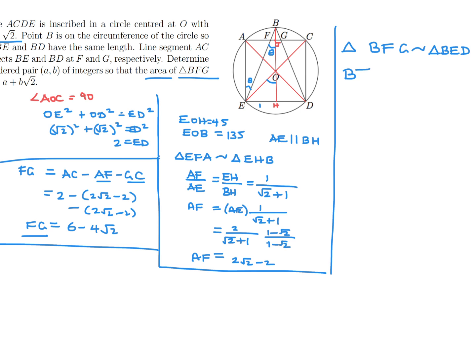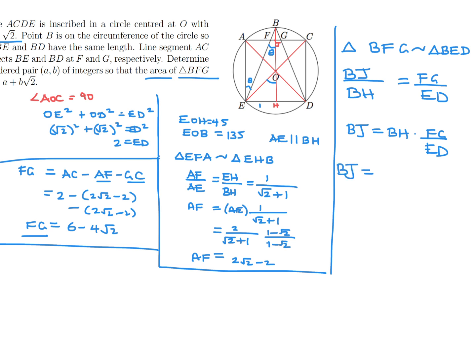So that means BJ over BH is the same as FG over ED. So BJ is equal to BH times FG over ED. Now we can plug this in.